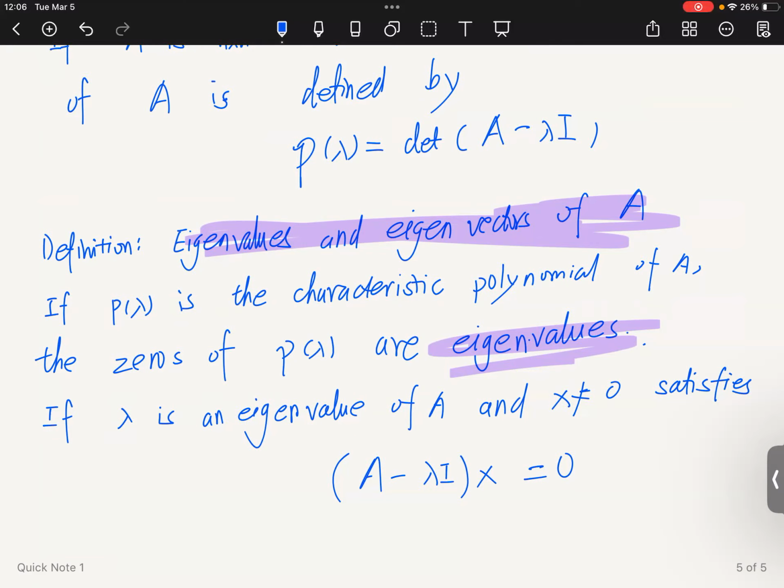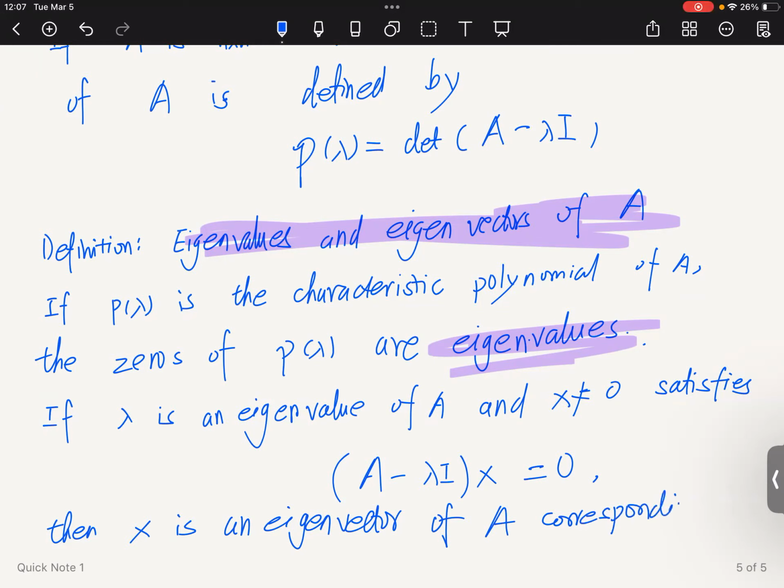If it satisfies this requirement, then we call X an eigenvector of A corresponding to the eigenvalue lambda.